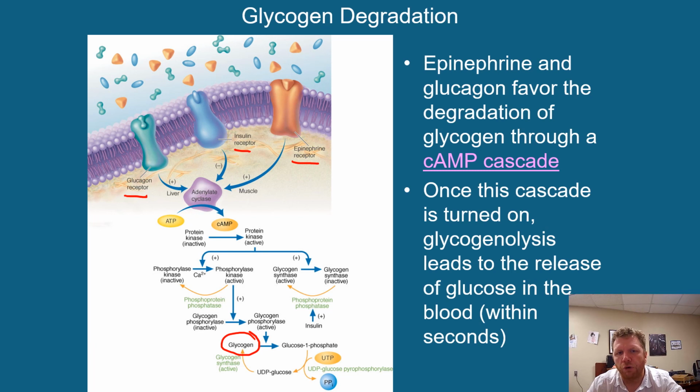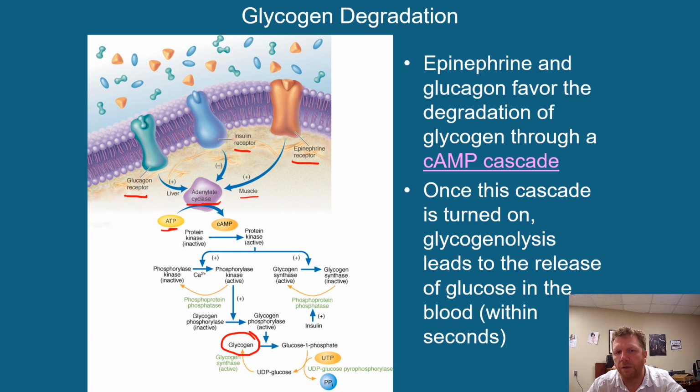This figure shows whether these receptors are activating or inhibiting an enzyme known as adenylate cyclase. The epinephrine receptor in the muscle is activating adenylate cyclase. The glucagon receptor in the liver is activating adenylate cyclase, and the insulin receptor is inhibiting adenylate cyclase. What adenylate cyclase does is it takes an ATP molecule and it makes cyclic AMP.